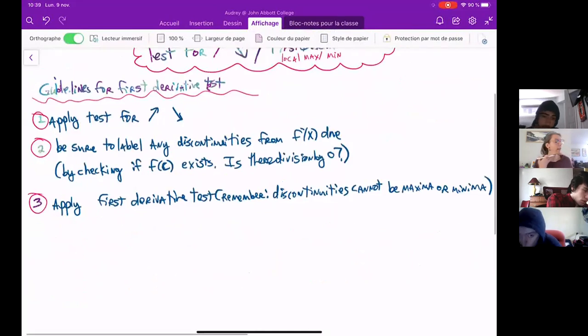So these are our guidelines for applying the test. We're going to do one example to remind ourselves of everything that we did last class and have these guidelines in mind while we're doing that. And then we're going to learn a new test.